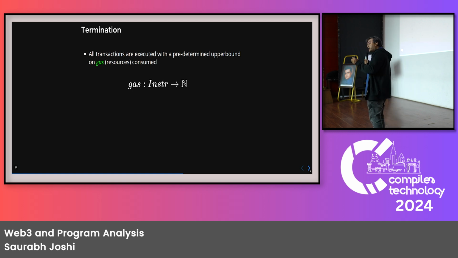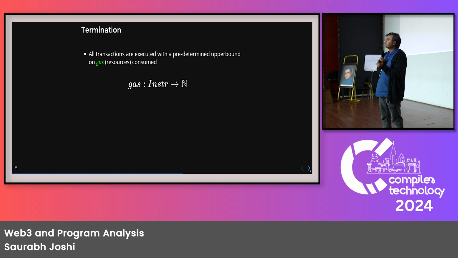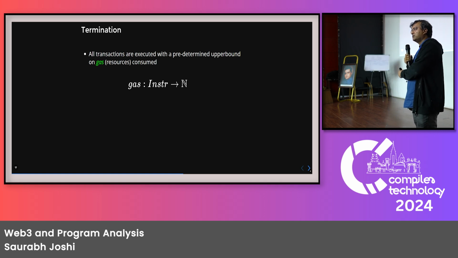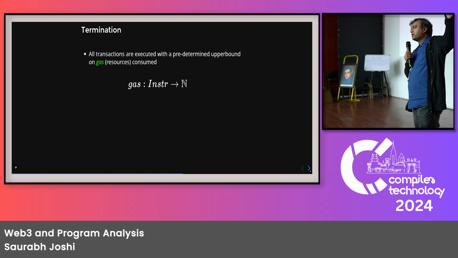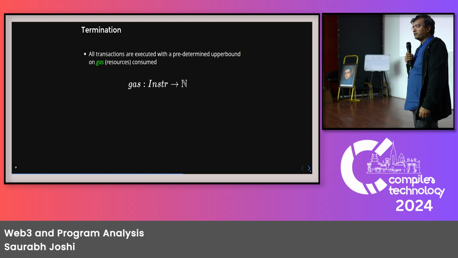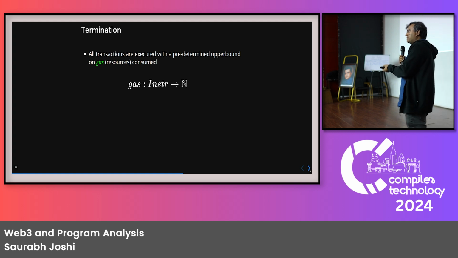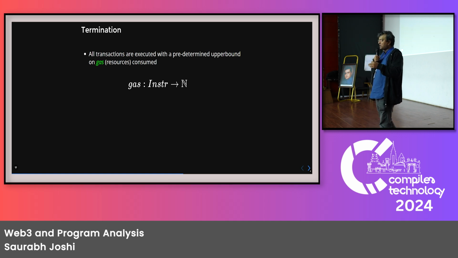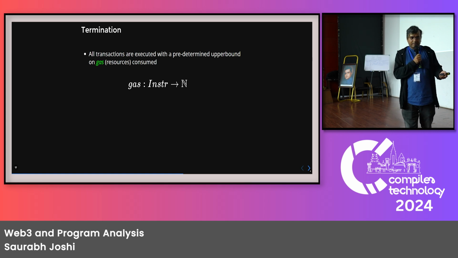All right. So if they are Turing complete, then I have a problem. How does it terminate? If all of the machines are running the code that I'm giving them, the function may be a very long running function. It may or may not terminate. So if somebody messes up their smart contract, and if there is an infinite loop, it would never terminate. So that's a problem. And the way the blockchain handles this problem is that it says, you know what? We are going to attach a counter, which I'm calling gas.